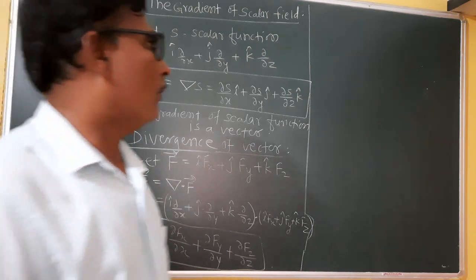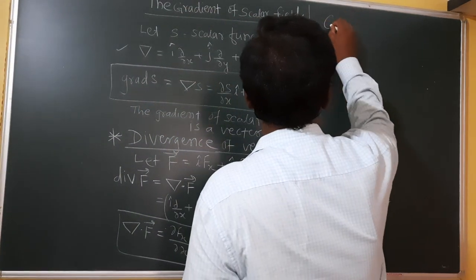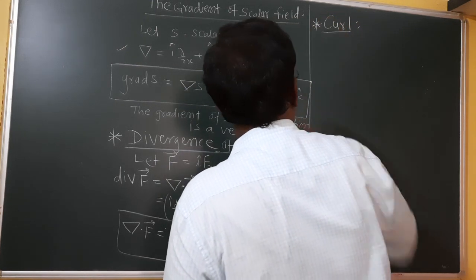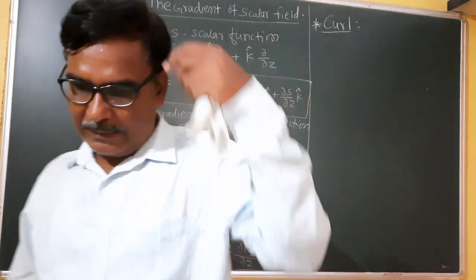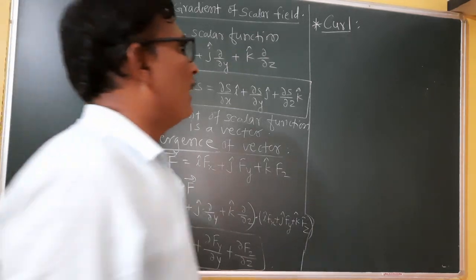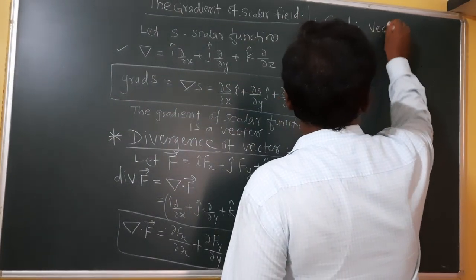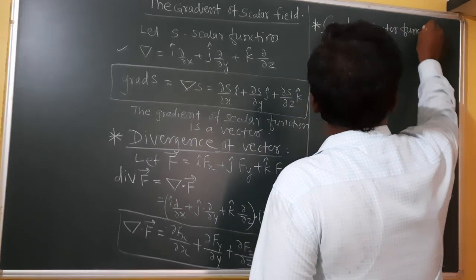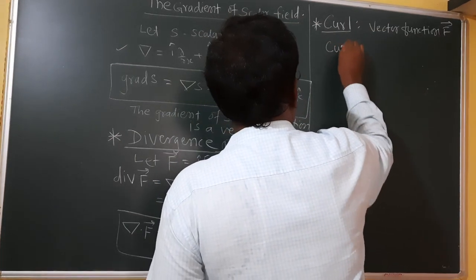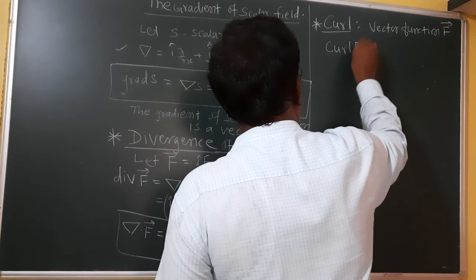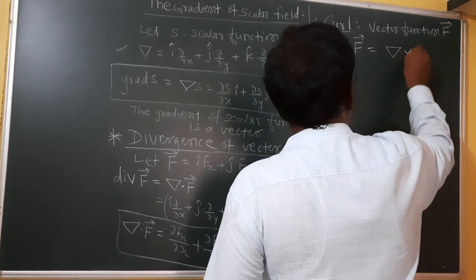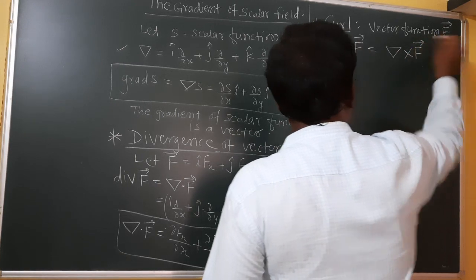Now what do you mean by curl? Let us consider any continuous differentiable vector function F bar. The curl of F bar is written as del cross F bar.